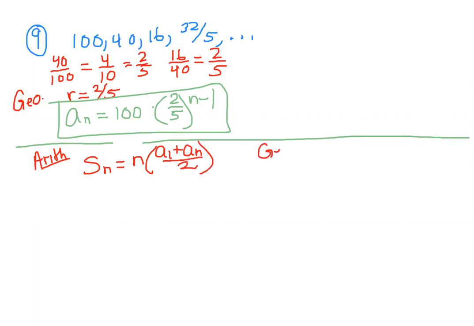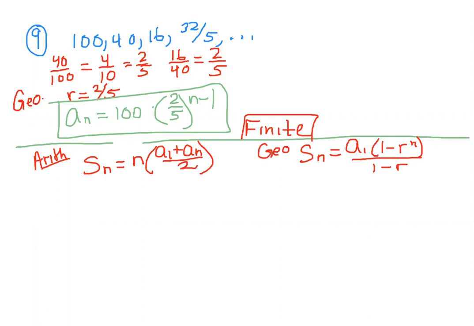And for geometric, we used A1 times 1 minus R to the n over 1 minus R. These are for finite series, that have an ending. Okay, so now you have to decide if it's arithmetic or geometric and then find the sum. So let's look at number 10.